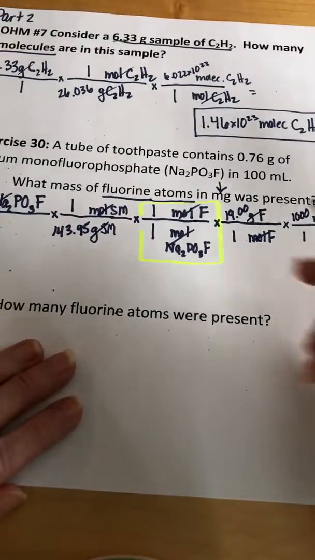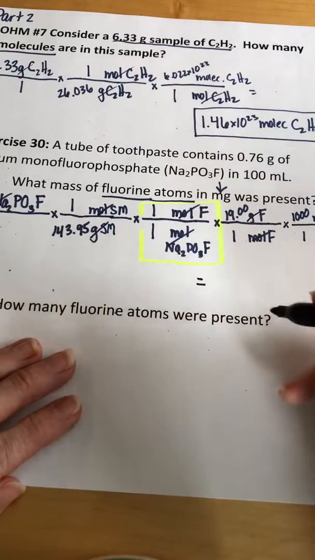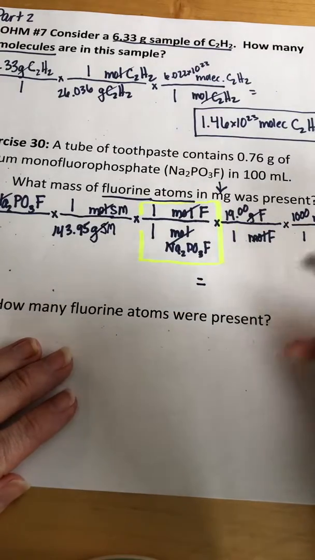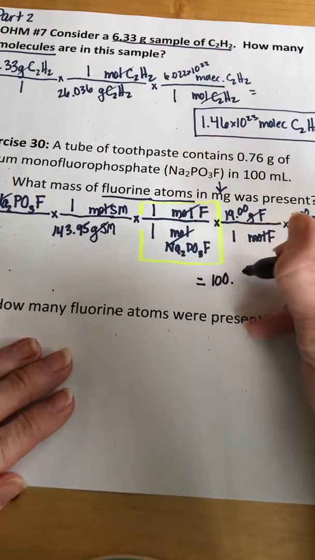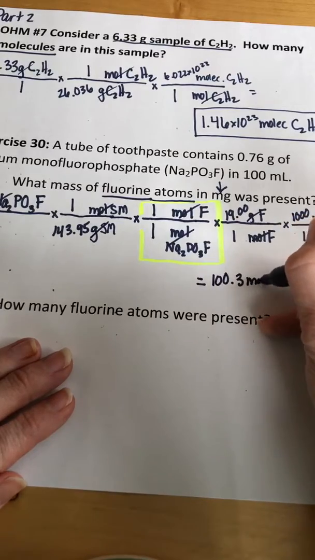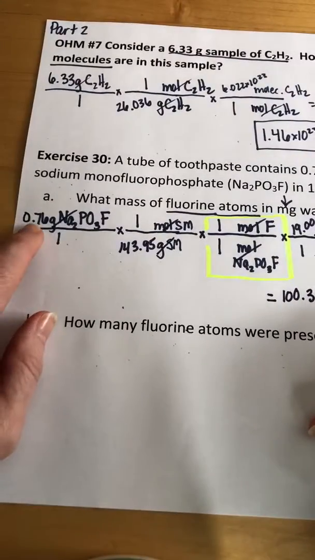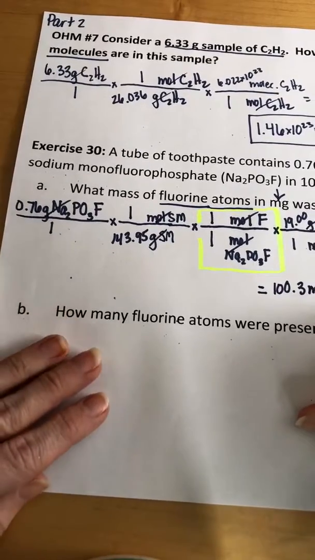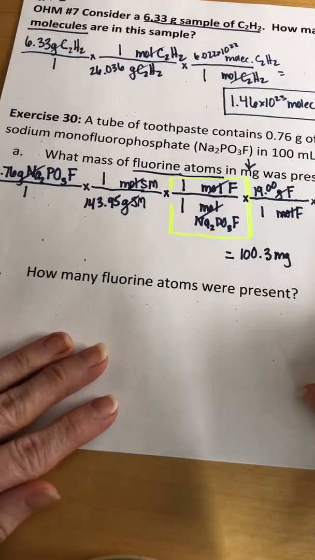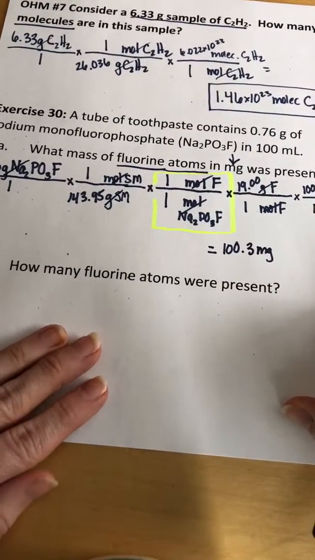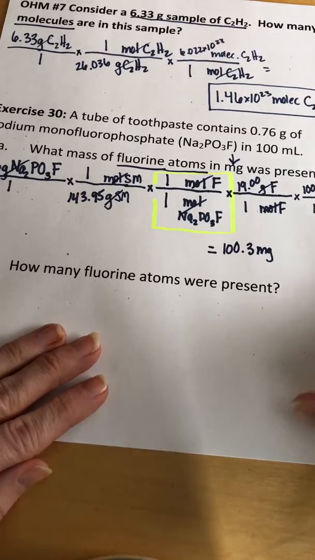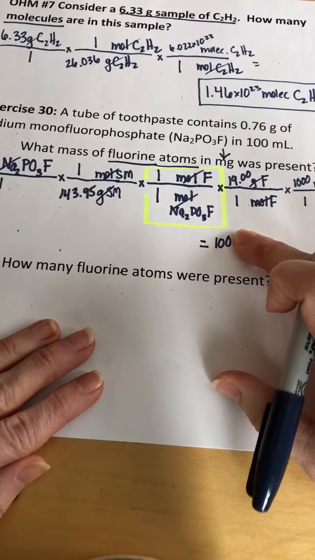Okay, now if you go through and solve that, you're going to get like 100.3 milligrams. We can only have 2 sig figs based on the start of this problem. This is a really weird number to put into 2 sig figs because if you just made it 100, that would just have 1.